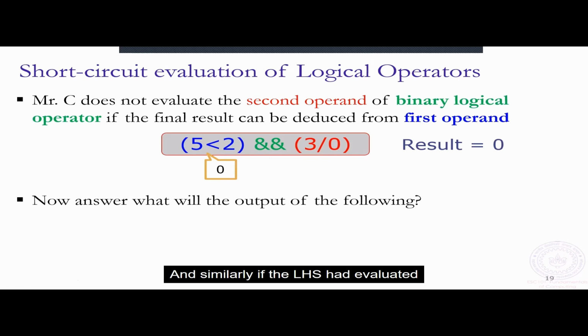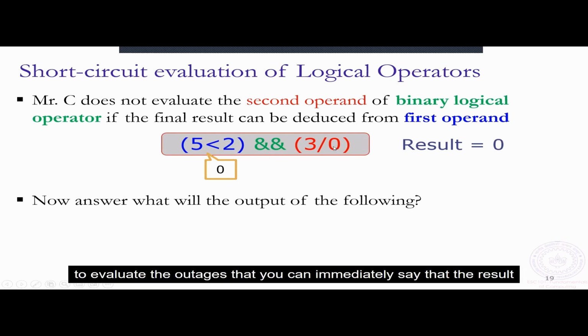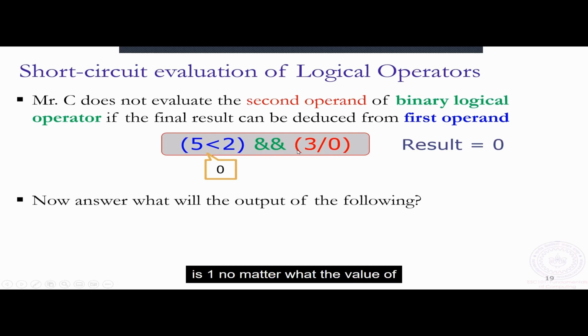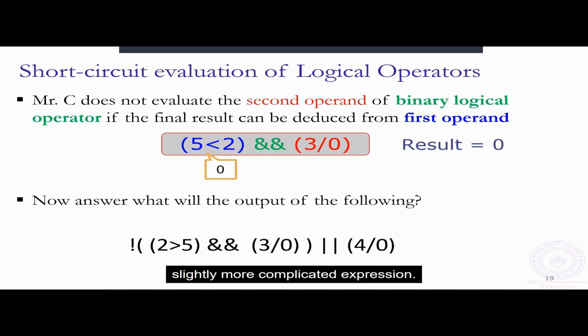And similarly, if the LHS has evaluated to 1 and the operator is OR, then you don't need to evaluate the RHS, then you can immediately say that the result is 1, no matter what the value of the RHS is.